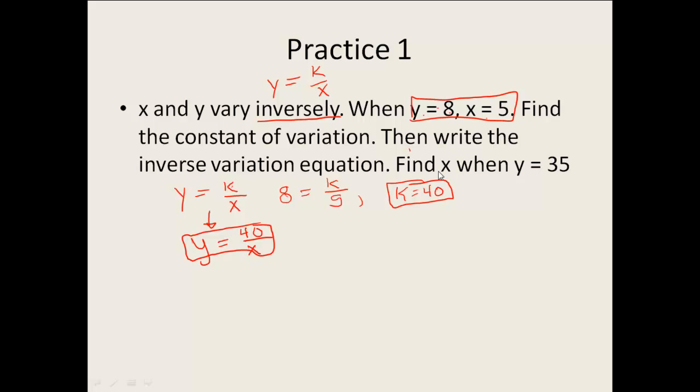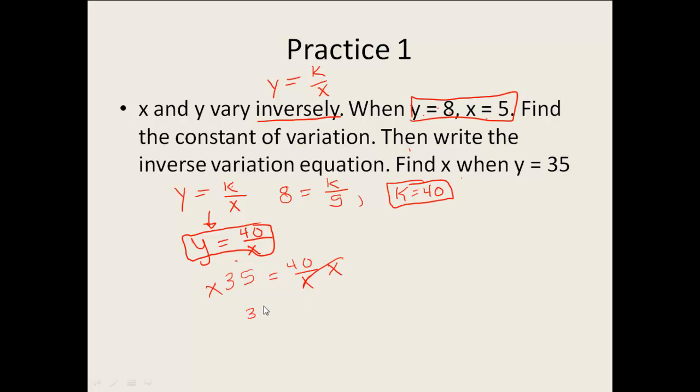The third part here says find x when y is 35. Well, I've got my equation now, so I can just substitute that value in there. Since my y is the 35, I would have 35 equals 40 divided by x. I need to get x by itself. Well, since it's in the denominator, I have to get it out of the denominator first. So I am going to multiply both sides by x.